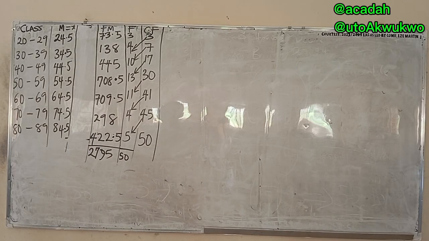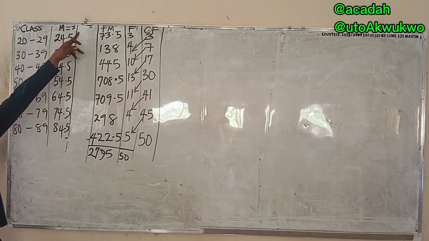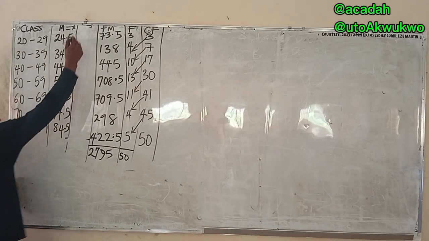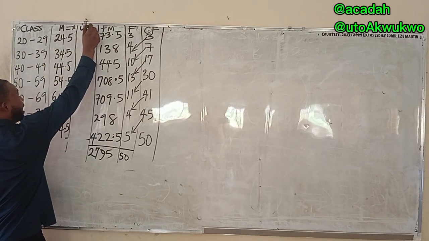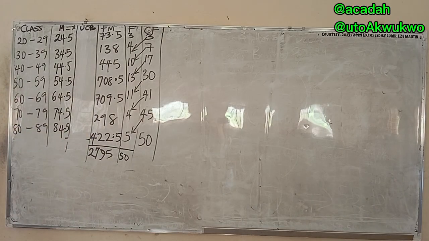Okay. Now see. Get me the upper class boundary. You remember, what did I say you used to draw the cumulative frequency curve? Cumulative frequency and upper class boundary.